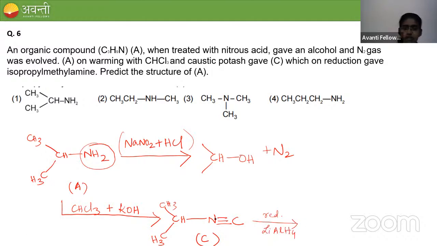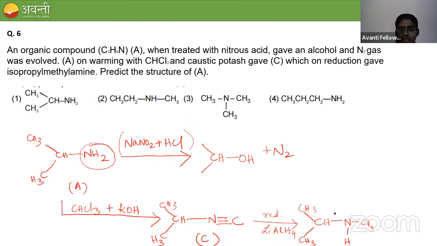On reduction, this will form the secondary amine. Reduction is addition of hydrogen, right? So it will form the secondary amine. So it is CH, CH3, CH3, and we'll get a secondary amine. Means here we'll have NH, and this will be converted to CH3. So this is the process that is occurring in option 1, the first compound.